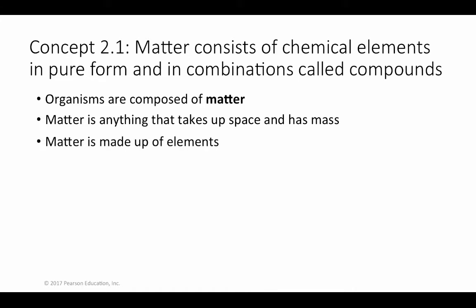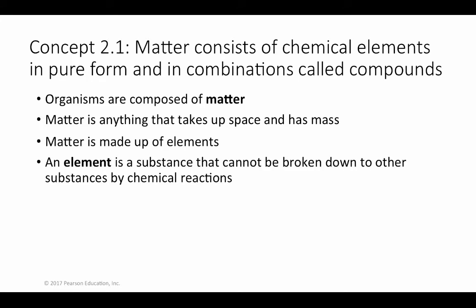And matter is made up of elements. So atomic theory tells us that all matter is composed of atoms, these tiny little submicroscopic particles that come together to create matter, and atoms can be categorized into different kinds of elements. An element is a substance that cannot be broken down to any other substances by chemical reactions.